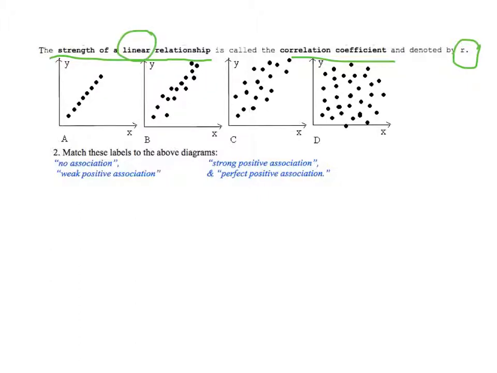For this particular set, you can draw a straight line across it. And over here, you can also draw a straight line, but not as strong. You can see that the data are not as tightly or as close to the line as possible.